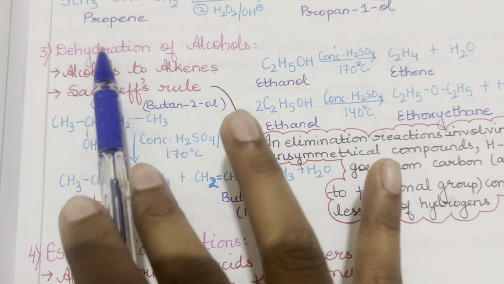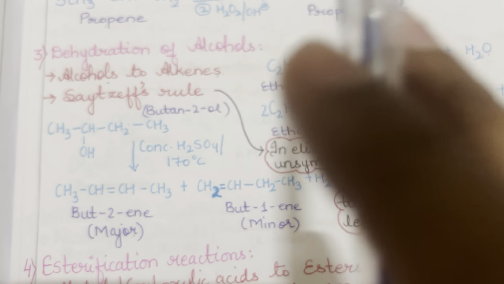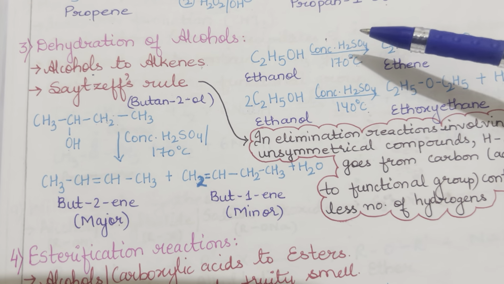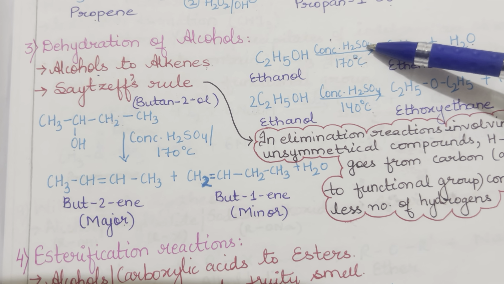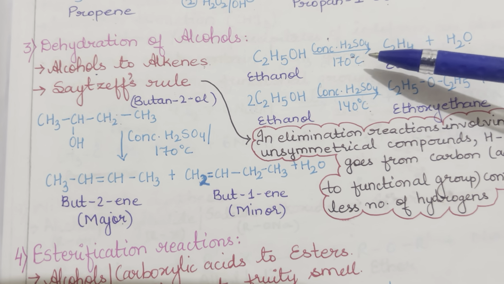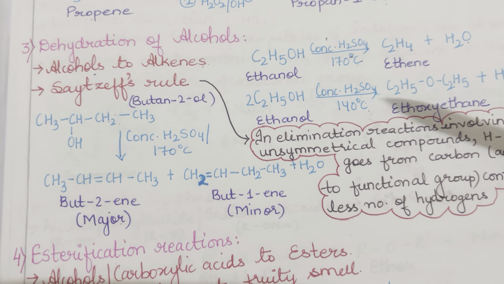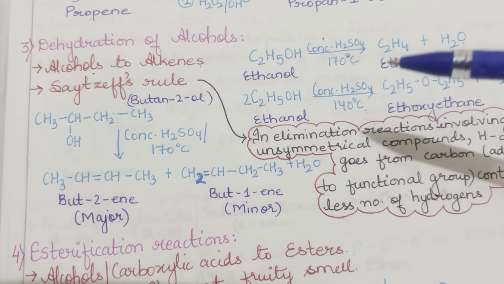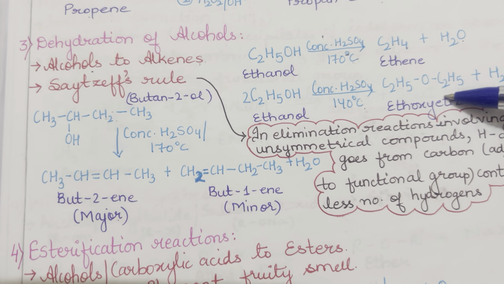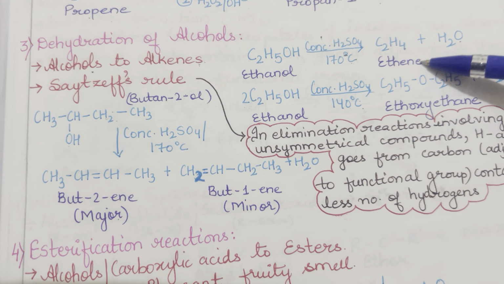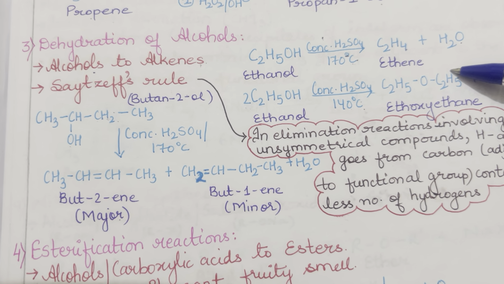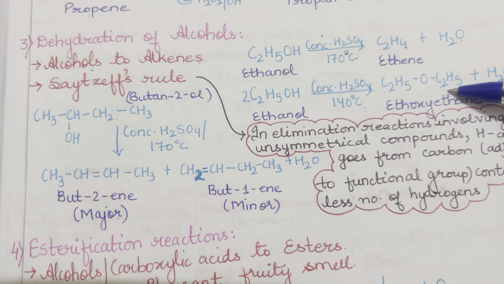This was the dehydration reaction. So what are the keywords we need to remember here? That we need to use this reagent, concentrated H2SO4. In this, 170 and 140 need to be remembered. If it is 170 degrees Celsius, you will be getting alkenes. If it is 140 degrees Celsius, you will be getting ethers. The O functional group, which is attached to 2 carbons on adjacent sides, is called an ether.